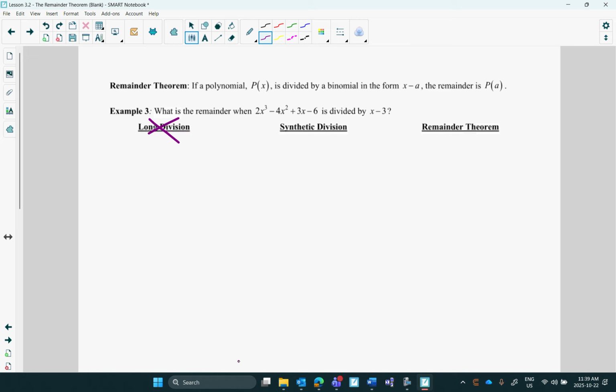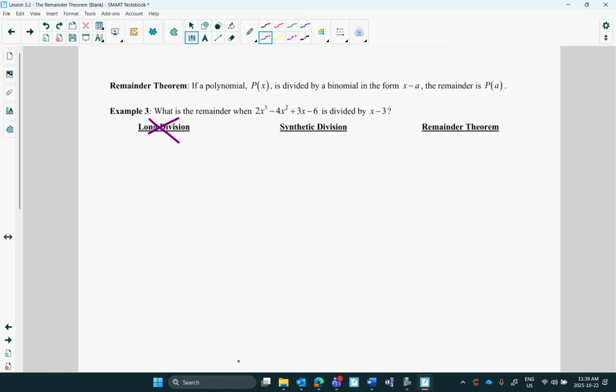Like 2 is a factor of 12. Why? Because 12 divided by 2 is exactly 6 with no remainder. 7 is a factor of 28 because 28 divided by 7 is exactly 4 with no remainder. So when we define factors, we want no remainders. So finding remainders of 0 is important.